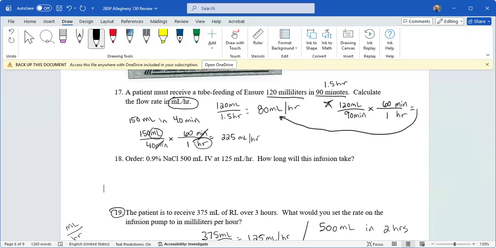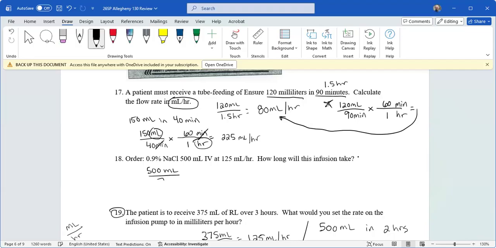The other thing is, let's say I know a volume, like I know how much I'm administering or how much is there, and I want to know how long it'll last. In order to solve that, I have to know the flow rate. So what we're doing is, we know the volume, 500 milliliters.